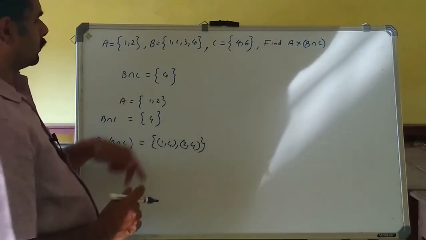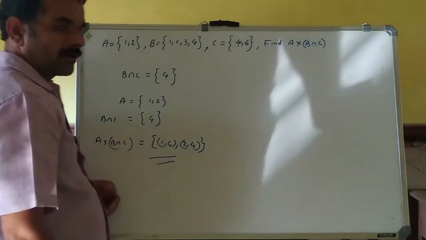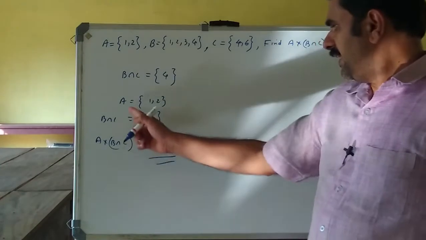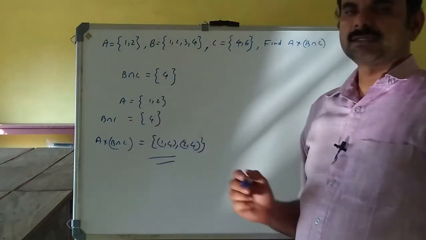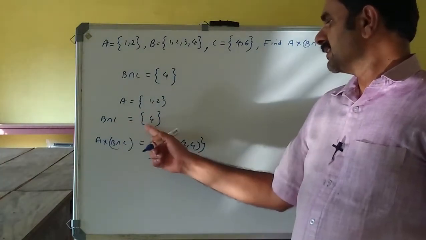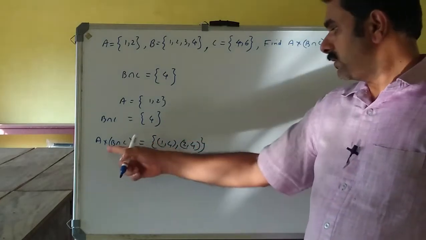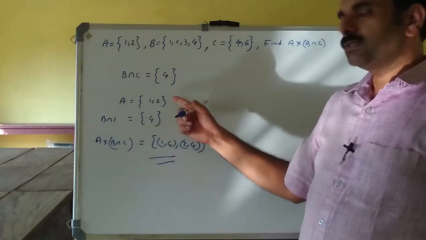So {(1, 4), (2, 4)} is A cross (B intersection C). How many elements in A? 2 elements. How many elements in B intersection C? 1. So the total number of elements in A cross (B intersection C) is 2 into 1.